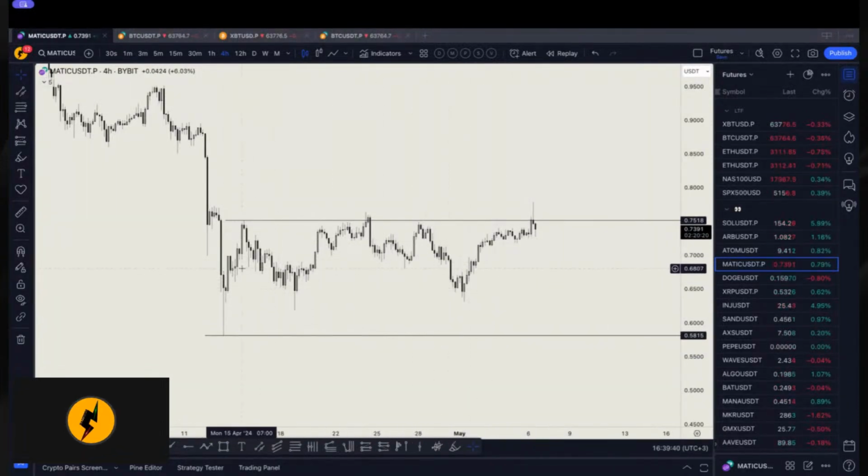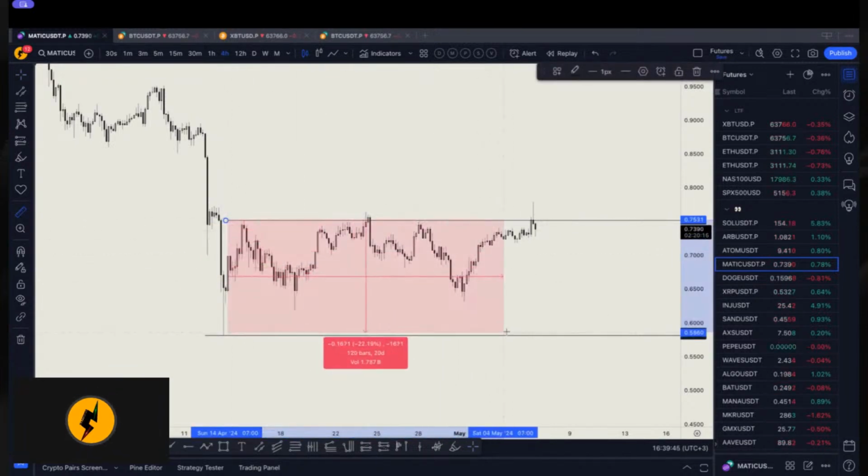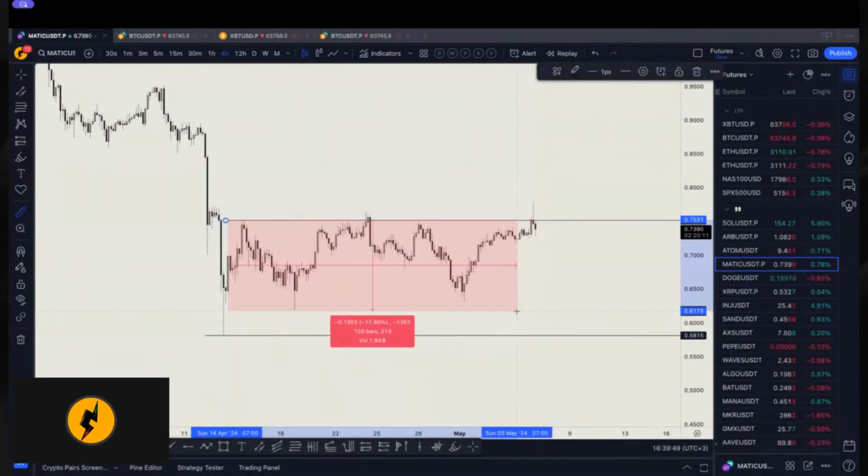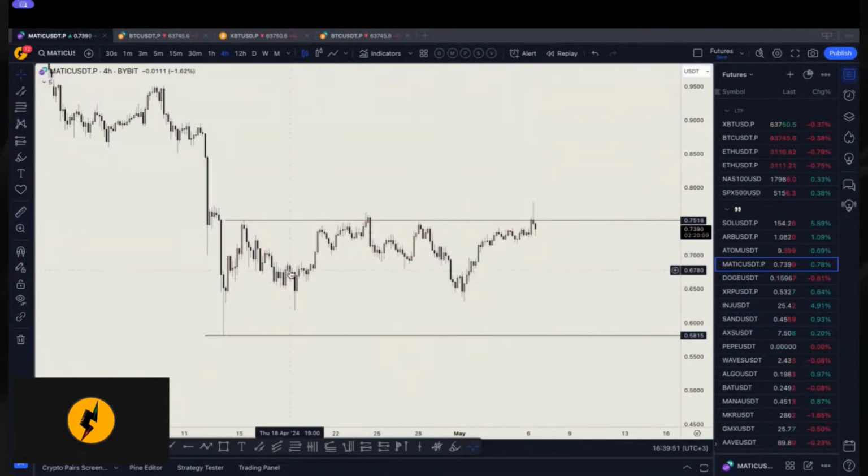Inside the range, during this period, I'm not really interested in this price action. Why? Because I didn't find a good discount or premium level to jump in. As I said, I always like to jump into a long when the price is at discount, and a short when it's at premium.